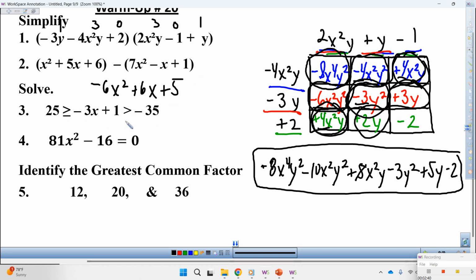How about number 3? Tell your neighbor what you got for number 3, and then Abby's going to pass it to someone. What'd you get for number 3? Pass to someone, Abby.